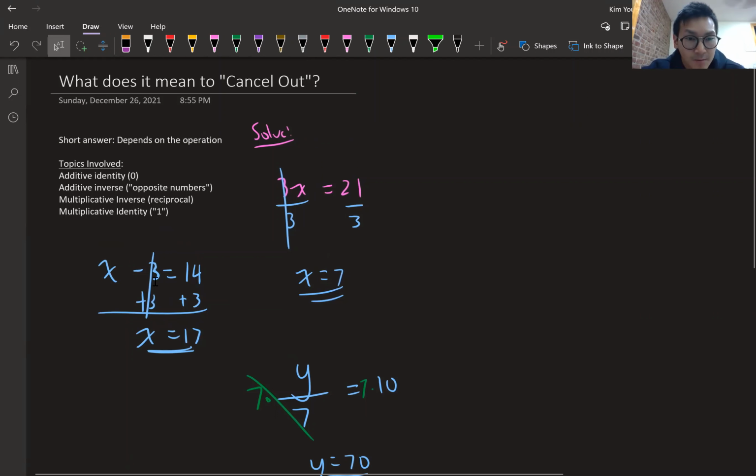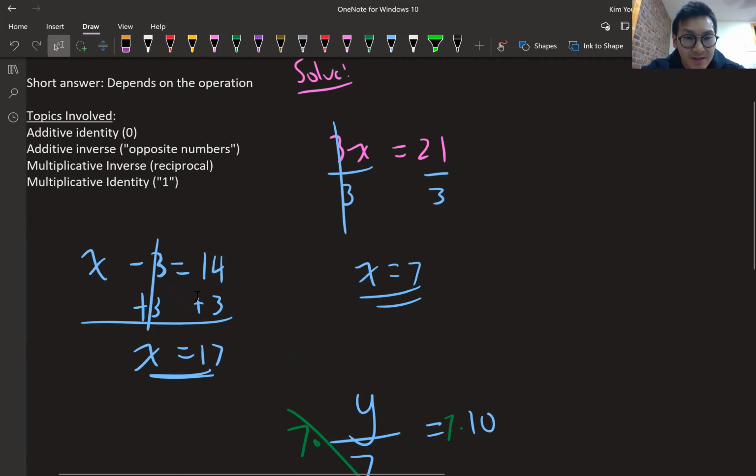So in the example where we added 3 on both sides, canceling out meant getting this thing called 0. More formally speaking, that thing called 0 is called an additive identity.